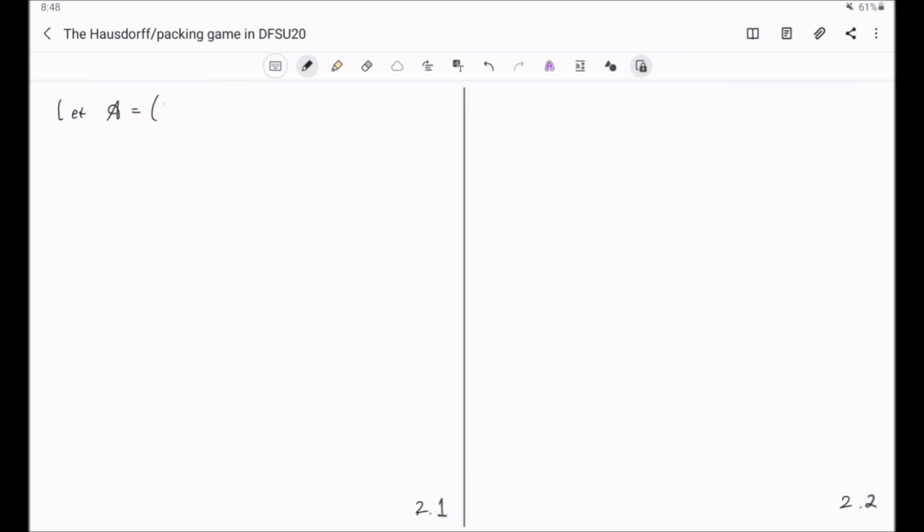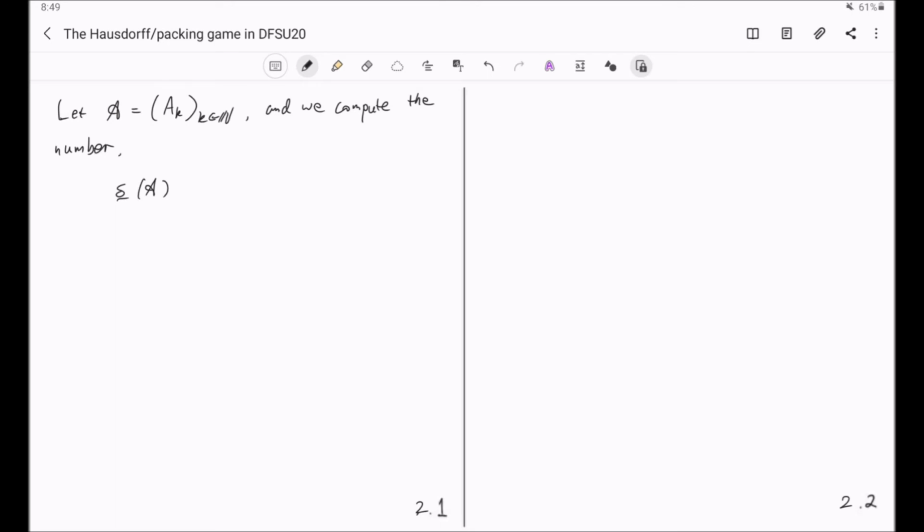Now we let script A be the collection of A sub k's, where k is a positive integer. Remember, the A sub k's are the choices of Alice, and we compute the following number.